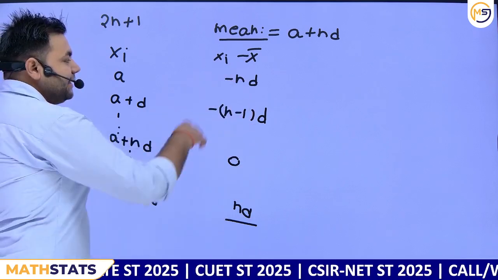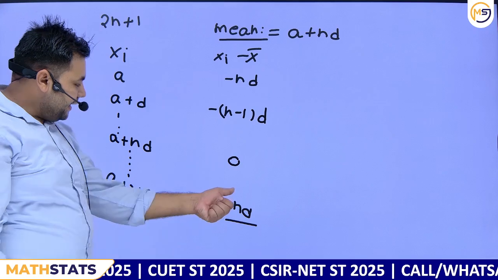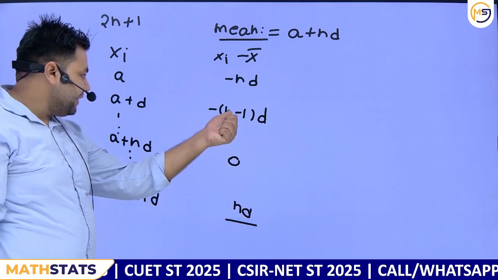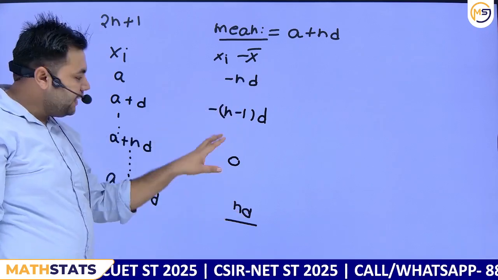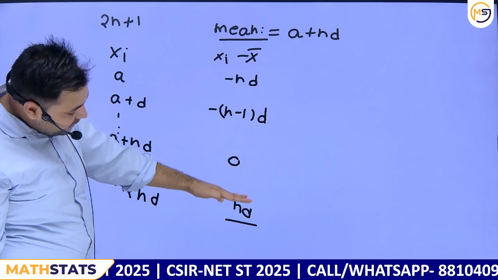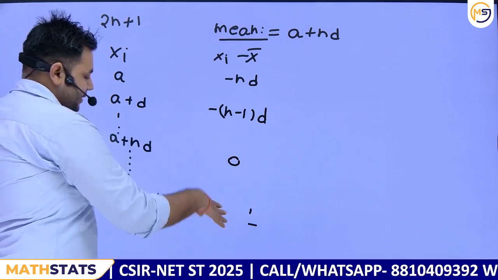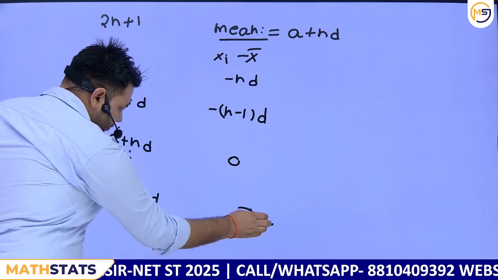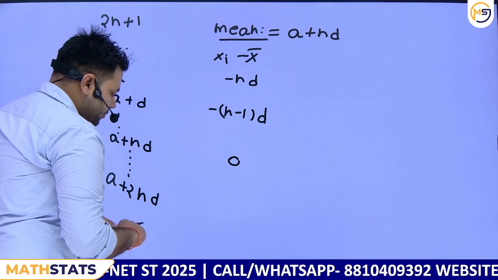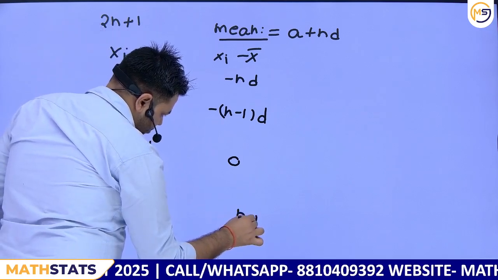Okay, because this is minus nd, this is positive nd, so minus nd and nd cancel out. Here n minus 1 into d is positive, here this is negative, so they cancel, and the above term is negative and the below term is positive, so this value equals 0. This is nd.